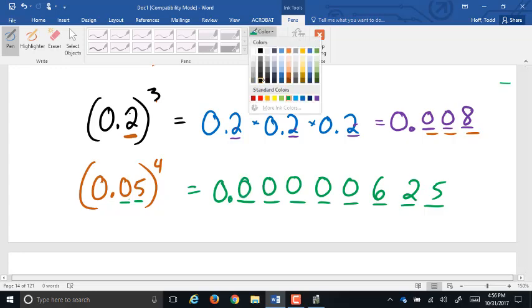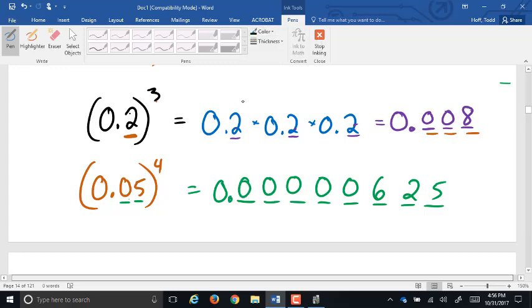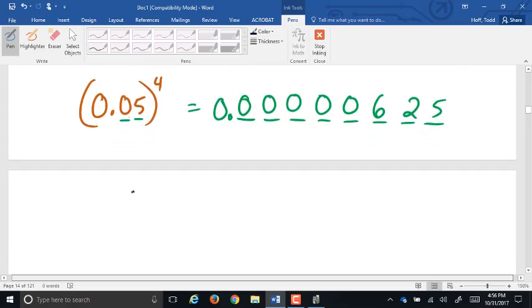Do you notice a connection here between anything else? If I had x squared to the power of 4, that was x to the 8th, right? Here I have 2 decimal places to the power of 4. That's 8 decimal places. It's the same type of relationship as with our exponents on our variables.